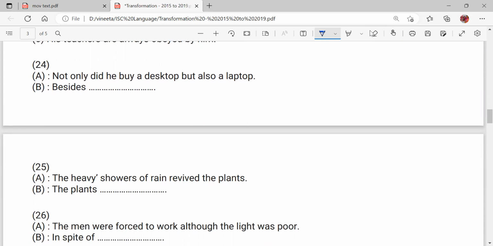Besides buying a desktop, he bought a laptop. Now, no need of also or to or as well here.